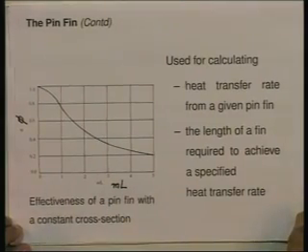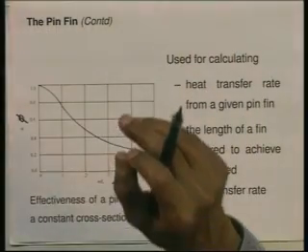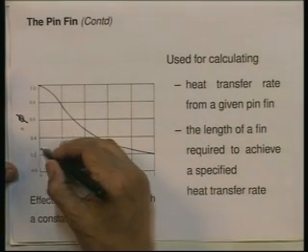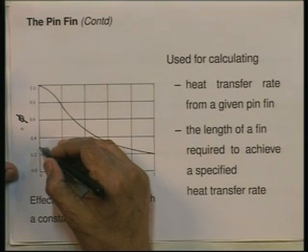How do we use this solution now? We use it as follows. Suppose I have a pin fin of a given length and a given cross section and certain given conditions. For that pin fin, you can calculate m L. The moment you get m L, go to this graph, for that value of m L go up, then go horizontally and get the value of phi for the pin fin.